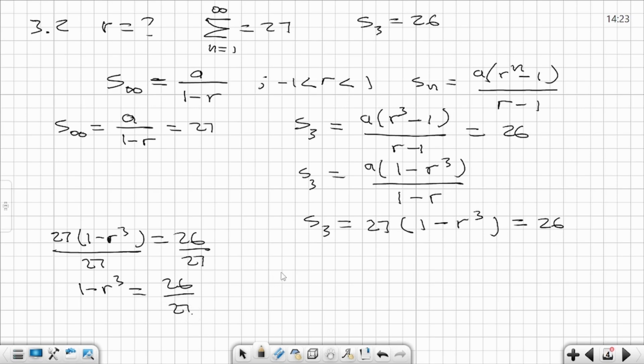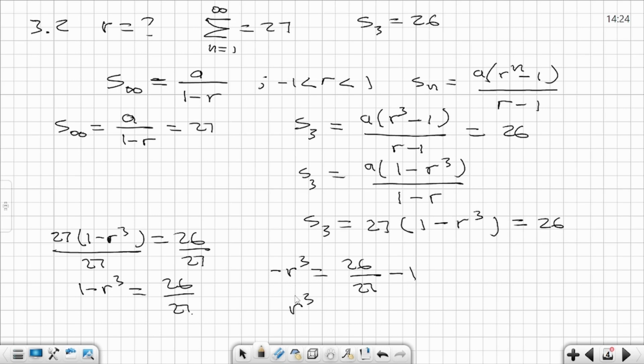And then you carry on: negative R to the power of 3 is equal to 26 over 27 minus 1, when the positive one moves from the left to the right side. Then you multiply by negative 1 throughout.